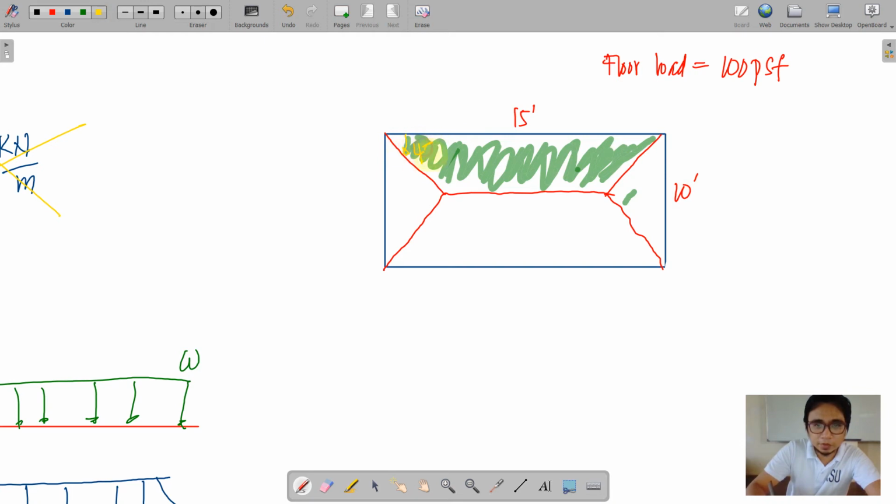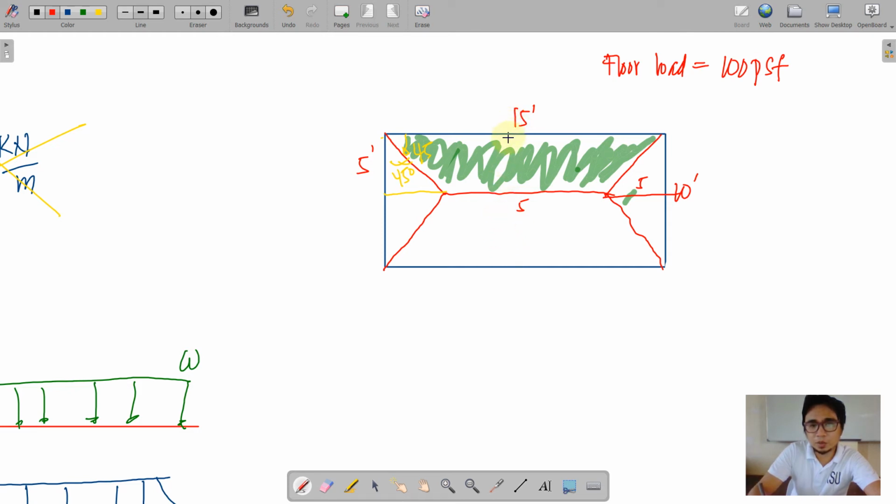So this is 45 degrees, this is 45 degrees again. So we'll just split 10, that will be equal to 5, right? So if this is 5, 5, this is also 5. Okay? So if this is 5 and 5, that is 10. 15 minus 10, this is 5.